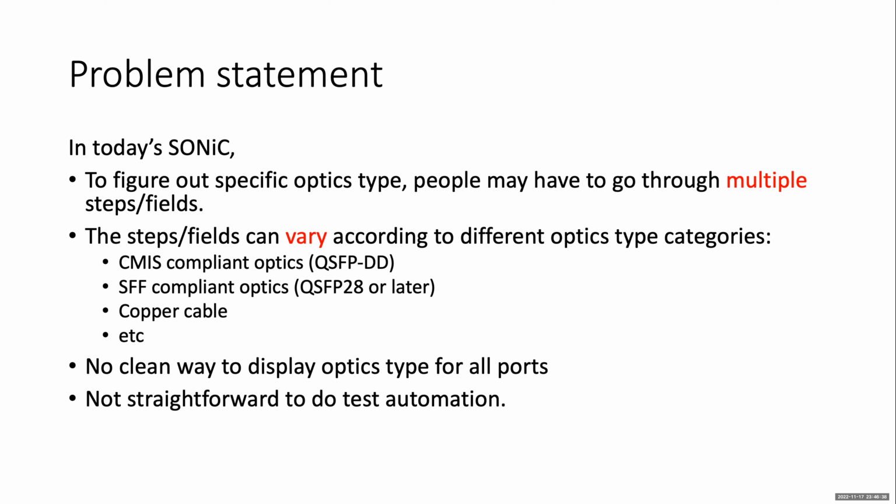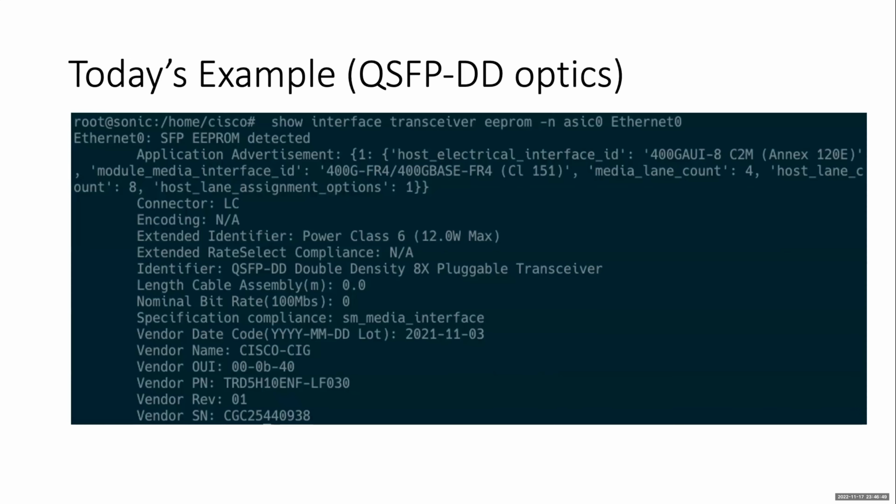Next, to get a better understanding of the pain we experience today, let's give a few examples of today's SONiC. One example is for QSFP-DD optics. For this kind of optics, first you have to go to the show interface transceiver EEPROM CLI.